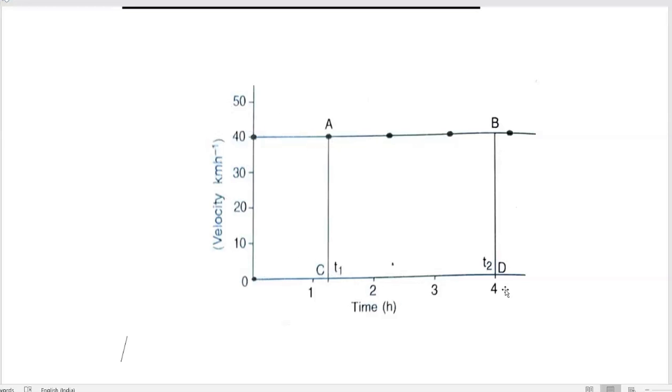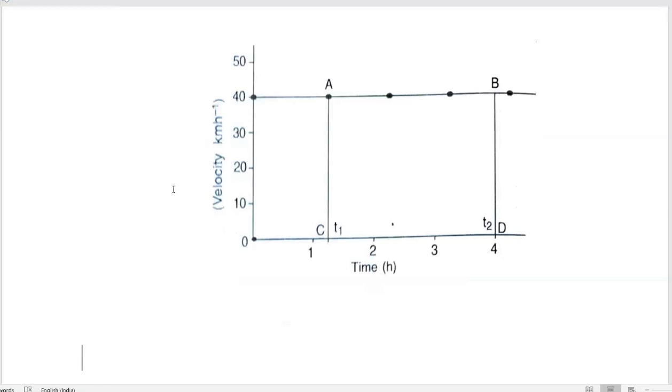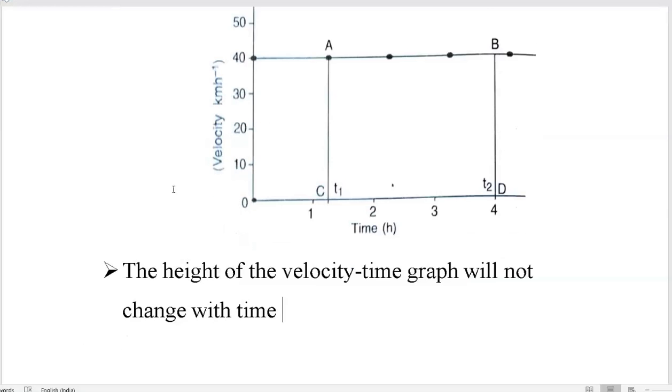So, whatever the time may be, the time is changing, but the velocity is not changing. It is remaining the same, that is 40 km per hour. So, here the height of the velocity time graph will not change with time. Look at this height. It's the same everywhere. Irrespective of the time, it's not changing.